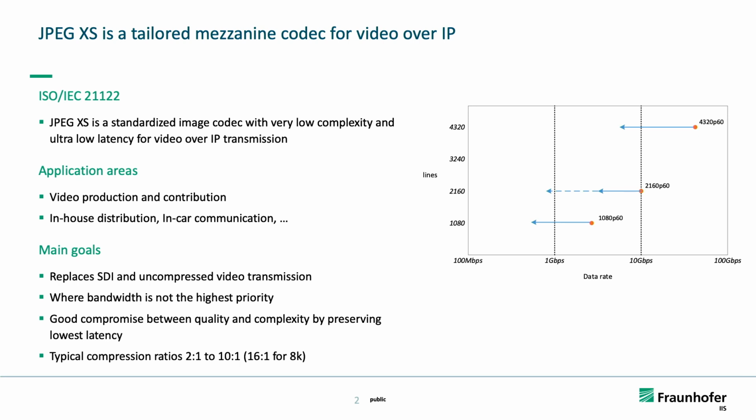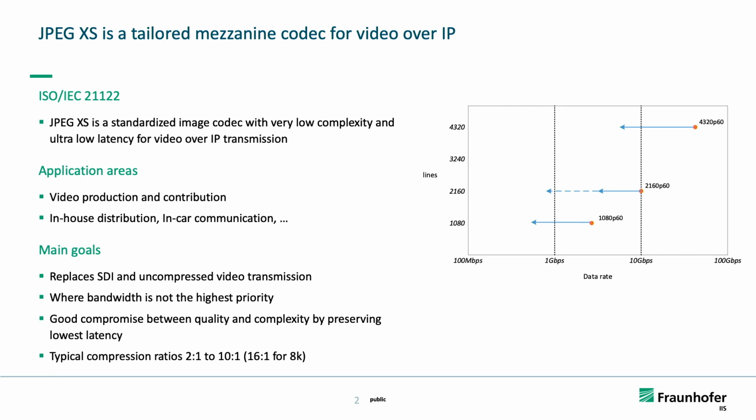For this reason, we concentrated more on the lowest complexity, on minimizing the latency, and also on minimizing the computational and memory resources. The application areas for this kind of codec are, of course, video production and contribution, in-house distribution, or in-car communication, to name some of the use cases.